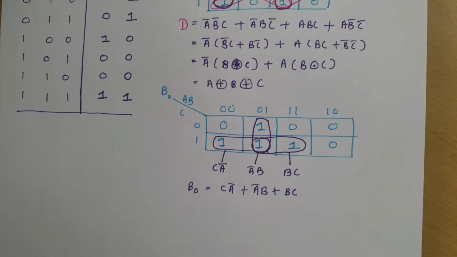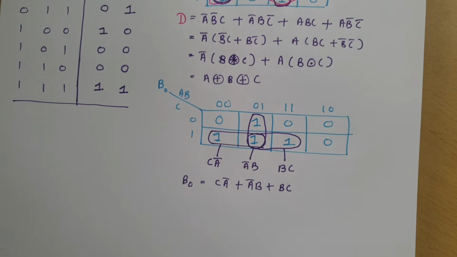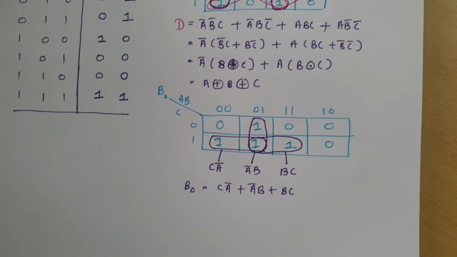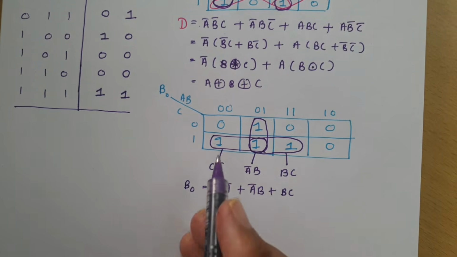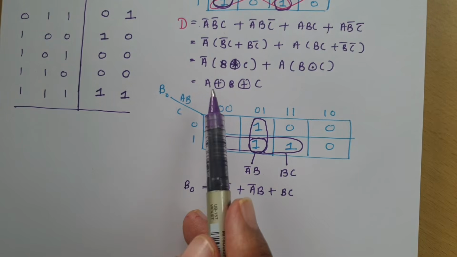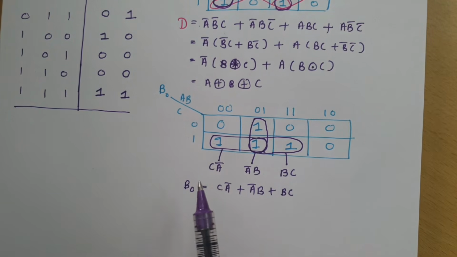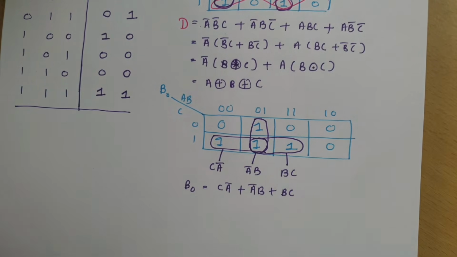So now we can form the full subtractor. In the full subtractor we have three inputs and the output as a difference, that is A XOR B XOR C, and we have borrow, that is C A bar plus A bar B plus BC. Now let us form a circuit.